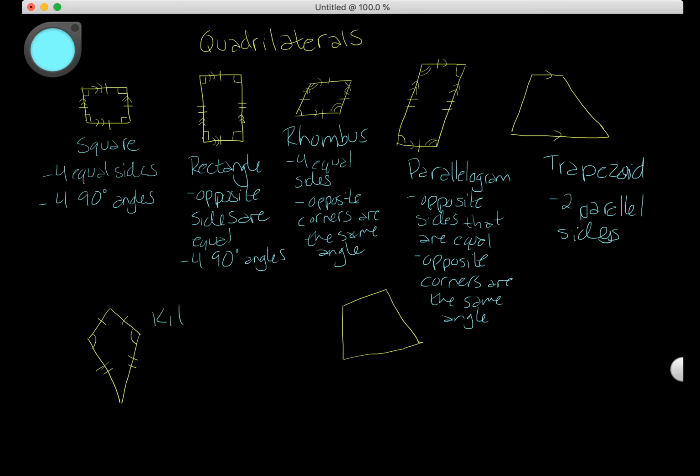The kite has adjacent sides that are equal, and we also have 1 pair of equal angles.